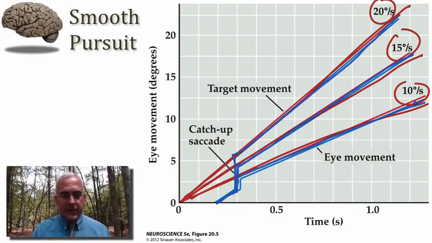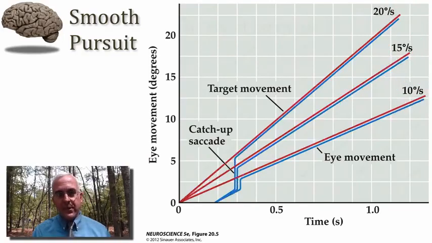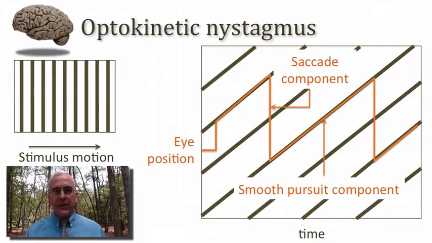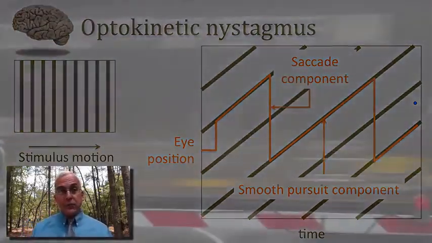Okay, so let's move on then and talk about the next type of eye movement, the optokinetic movements. Now, optokinetic movements come in different forms and different varieties, and here's one example. Imagine that you're standing at a railroad crossing, as I often am, and a train goes by.